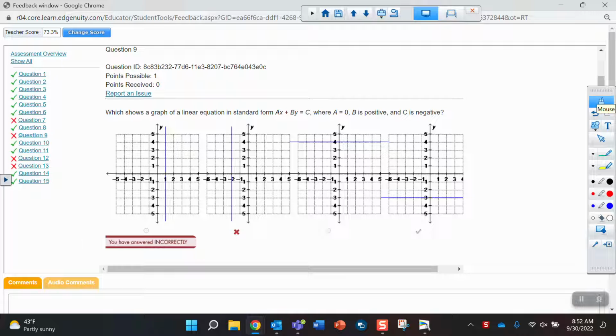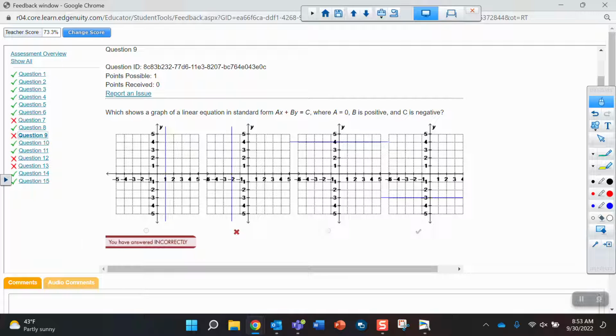Question 9 says, which shows a graph of a linear equation in standard form ax plus by equals c, where a equals 0, b is positive, and c is negative. Okay.